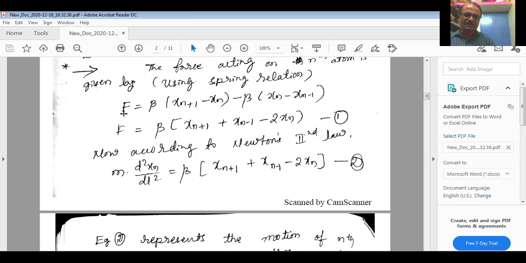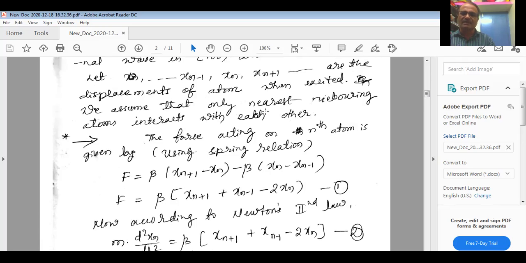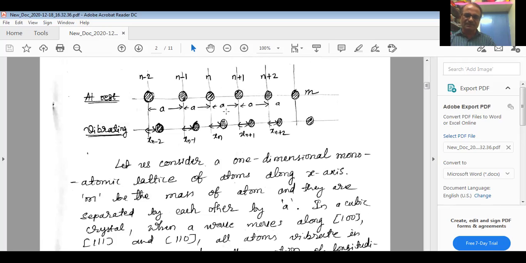So this is written as F is equal to beta into (x_{n+1} minus x_n) minus beta into (x_n minus x_{n-1}). So here the F is equal to minus kx form is there. But here two forces are there which are acting opposite to each other. For example, this is the nth atom.